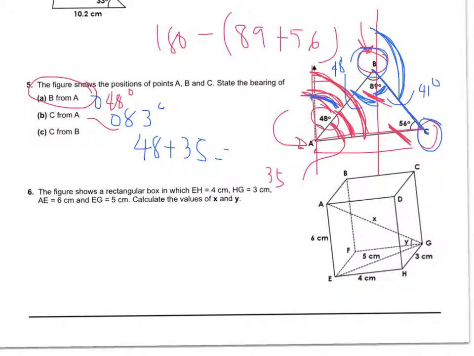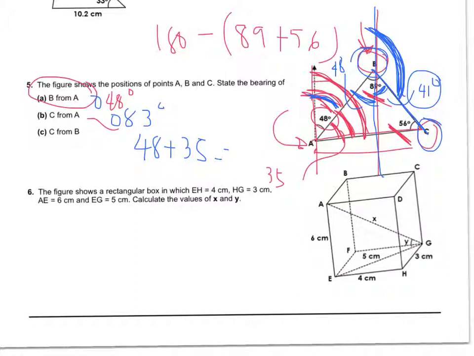But how do we use that 41 to find the angle from the north to the line BC? Since we know that the line is a straight line and you just want the angle that is part of that, we subtract 41 from 180. Is that clear?